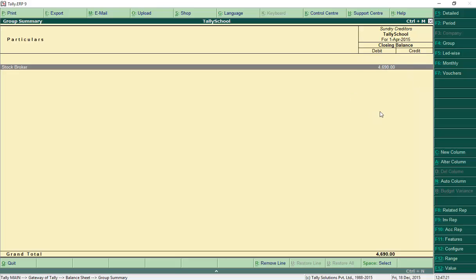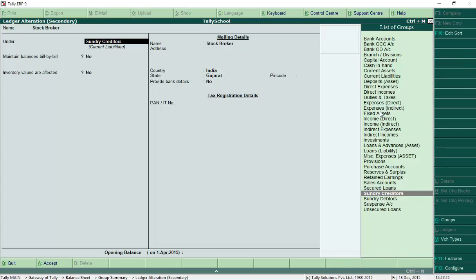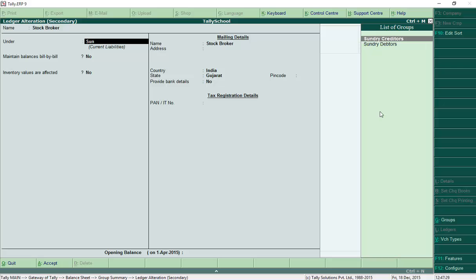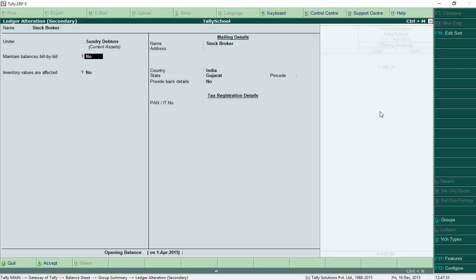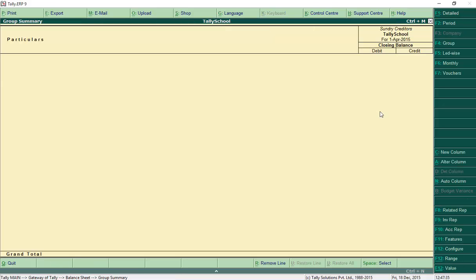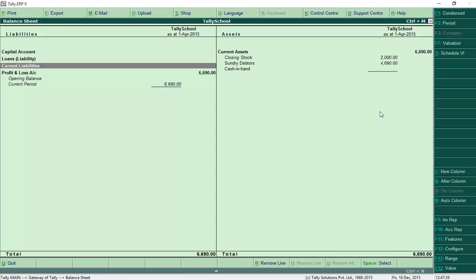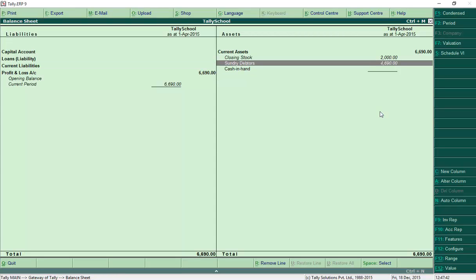So what we can do is press Ctrl plus Enter from here, and we can just alter the stockbroker's ledger from sundry creditors to sundry debtors. Select the sundry debtors and press Ctrl plus A. So now it has been removed from sundry creditors, and it is in sundry debtors.